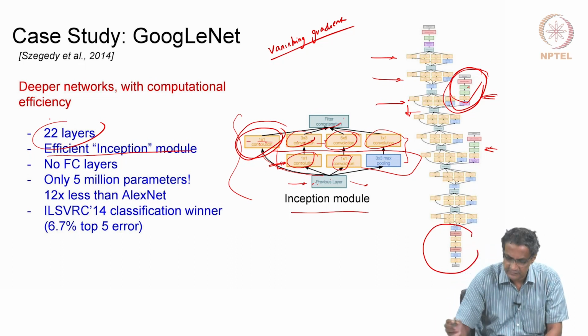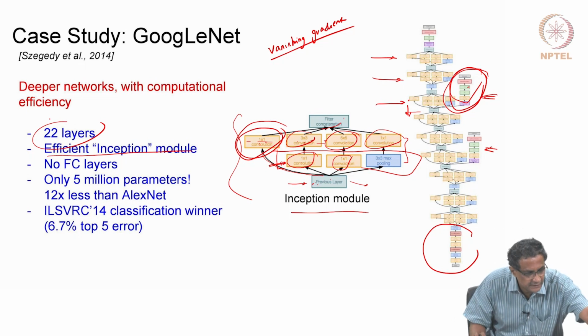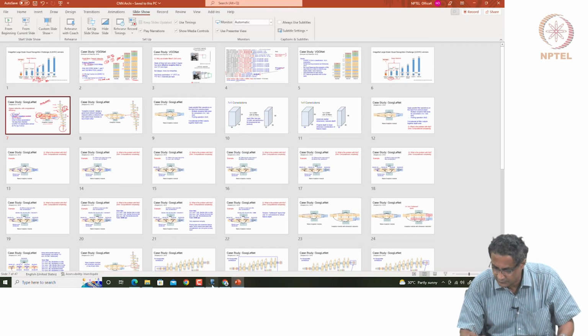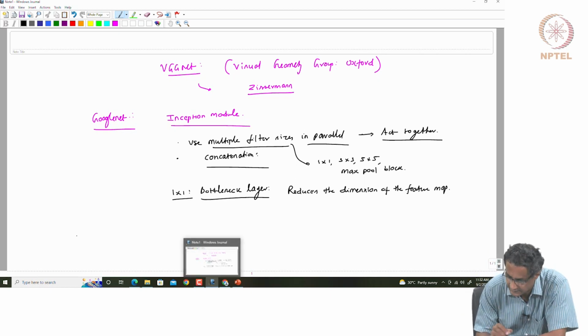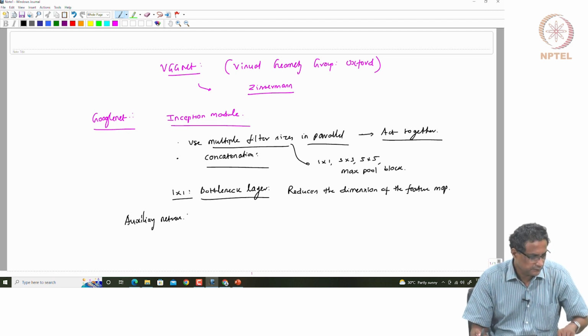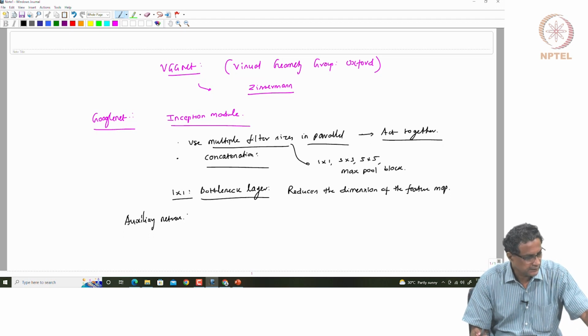And therefore, this auxiliary network, I'll just write a few sentences about it, so that those of you who are more interested can go and read it up. So this auxiliary network is all for GoogleNet, by the way.